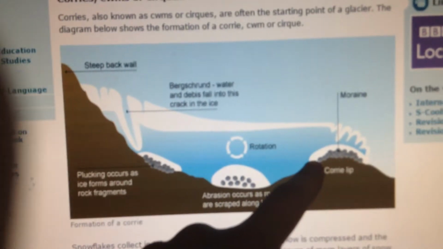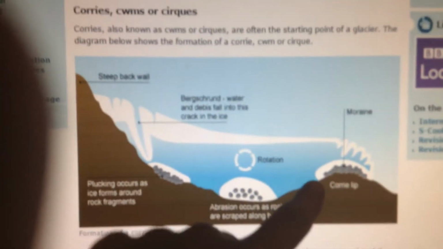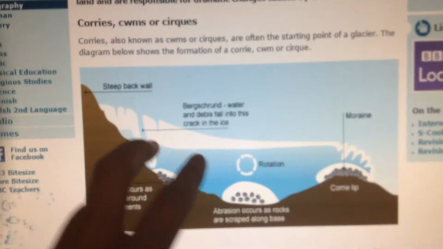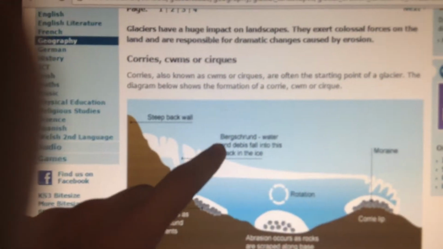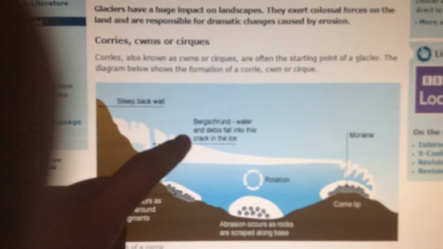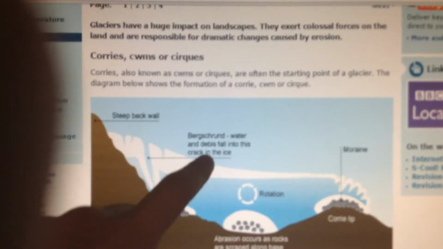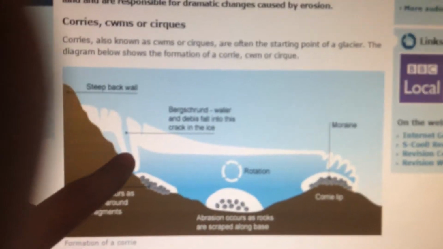And then here's the corrie lip, and then the moraine I talked about, and how this glacier will eventually move down and pluck that off. Steep back wall, the bergschrund: water and debris fall into this crack in the ice. So, there we go.